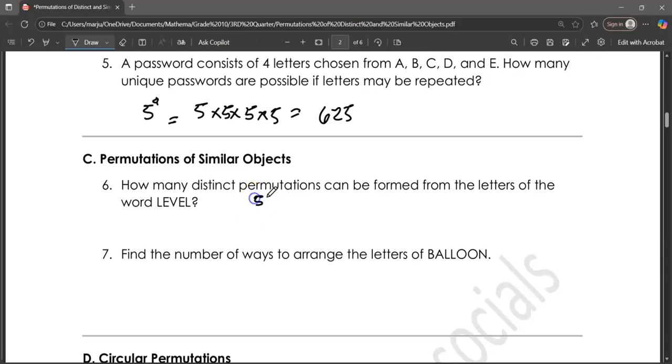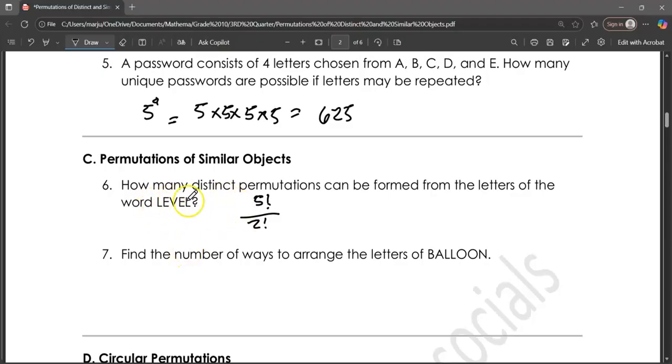There are 5, right? 5 factorial over how many letters are being repeated. You got 2 E's, so that's 2 factorial.